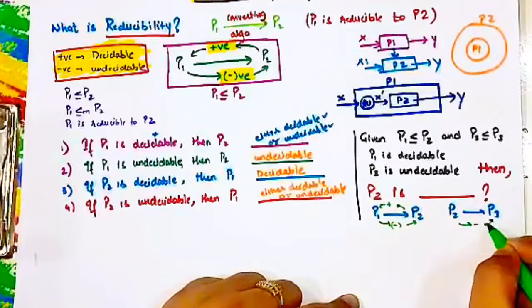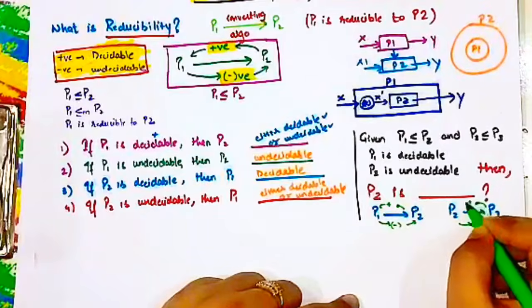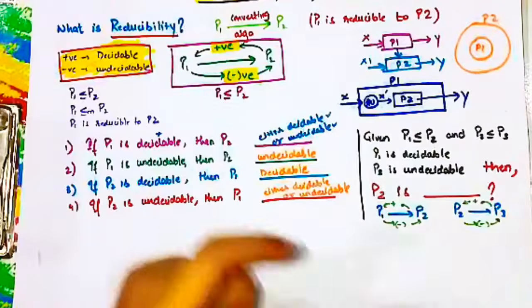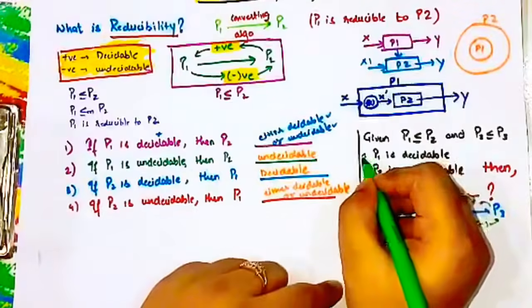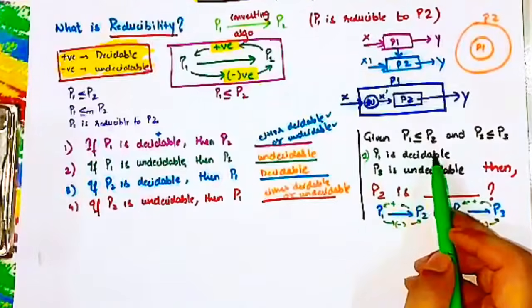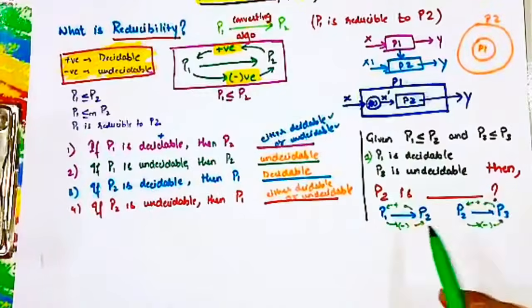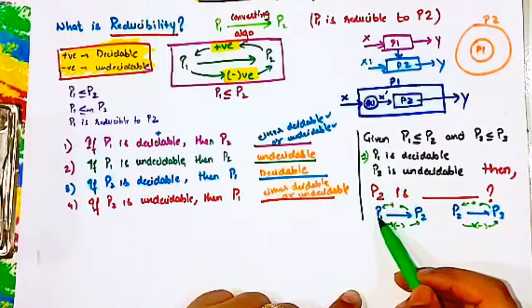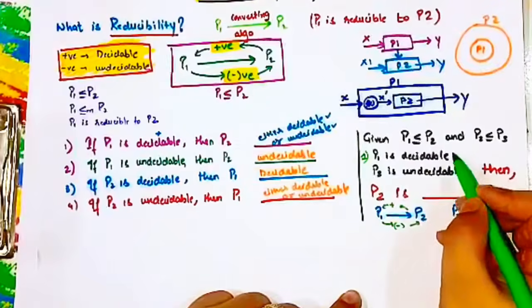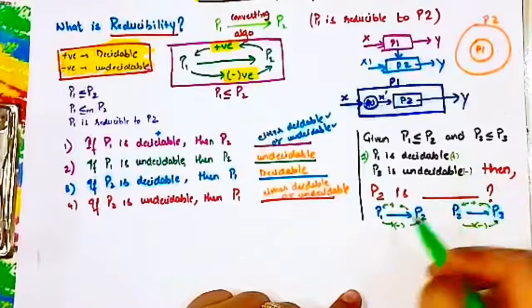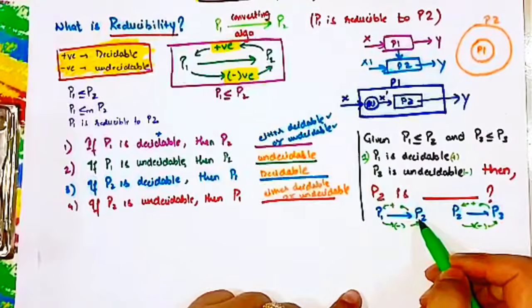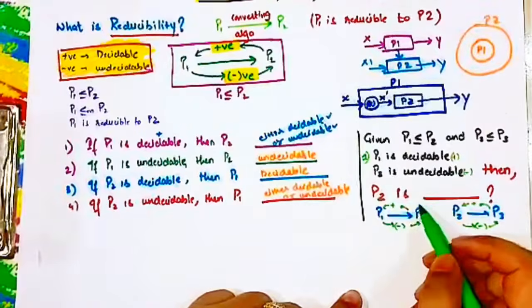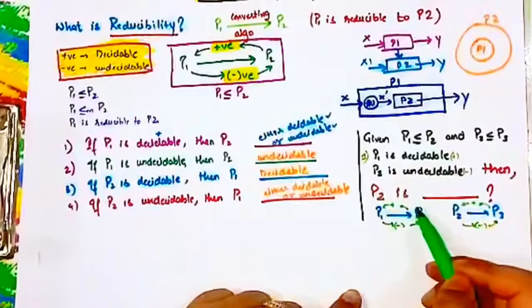Now from the first case given, P1 is decidable. If P1 is decidable and P1 is reducible to P2, then as it passes negativity and decidable is a positive thing, we cannot say anything about P2 from the first case.